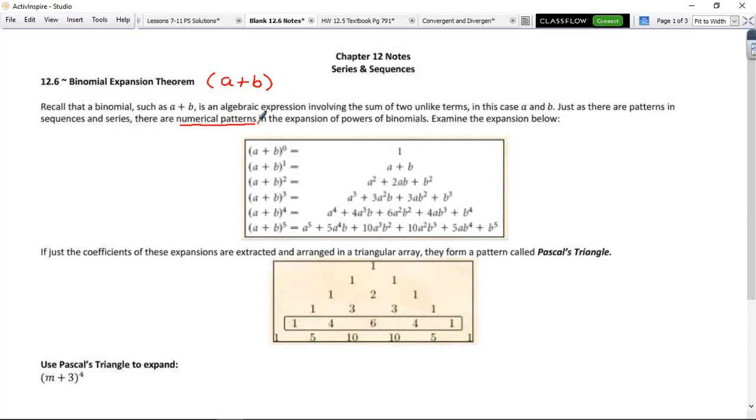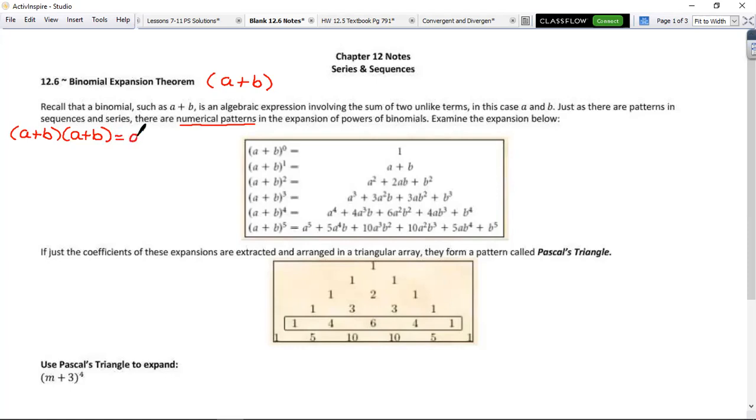So if I have a plus b raised to the 0 power, you have learned anything to the 0 power is just 1. So the next expansion, if I do just a plus b, it's obviously a plus b. Third line down, if I take a plus b and I square it. And again, you've done these a million times before. So take the binomials, multiply this out. And again, what you're looking for today are emerging patterns.